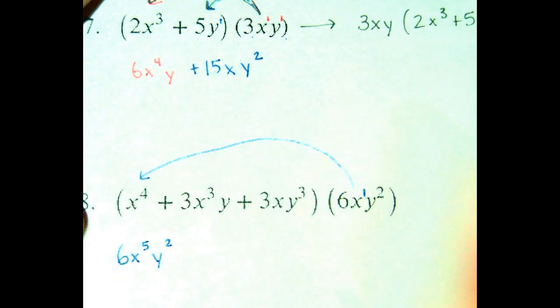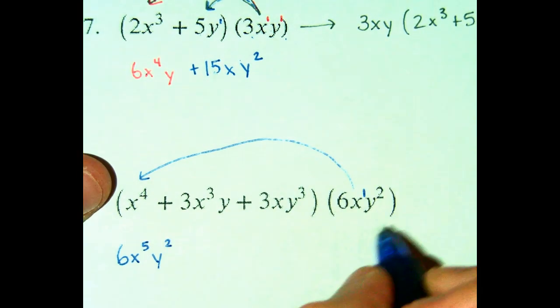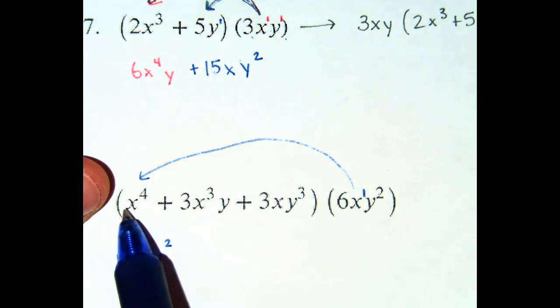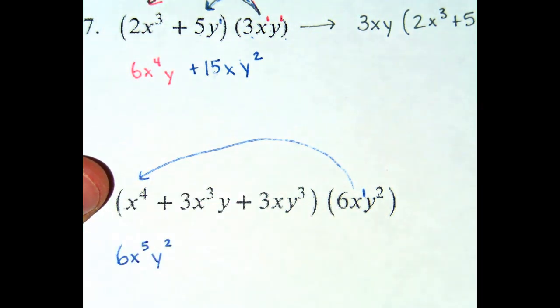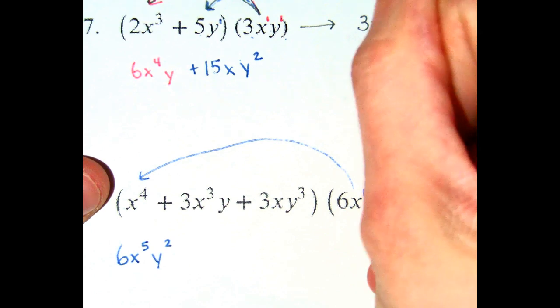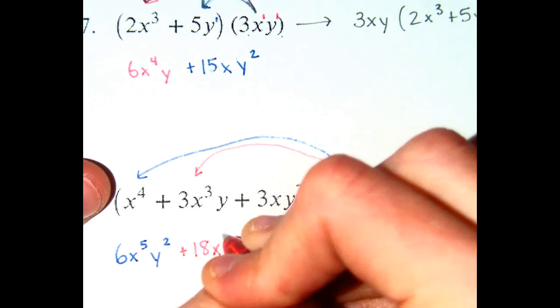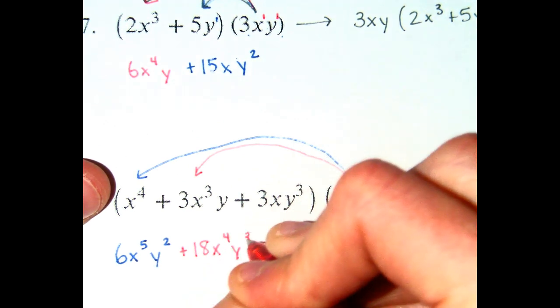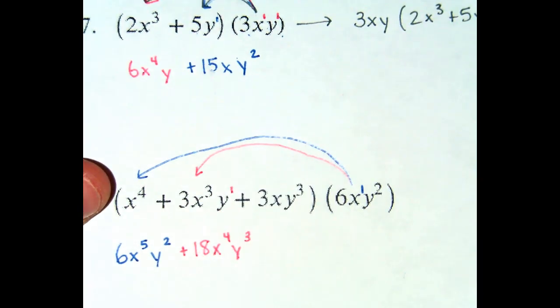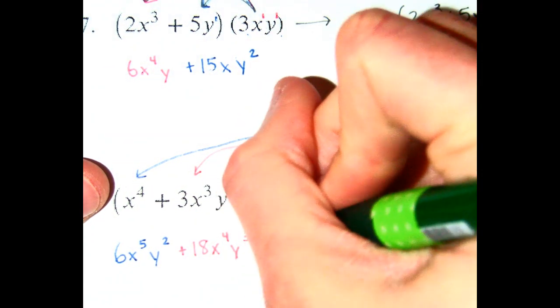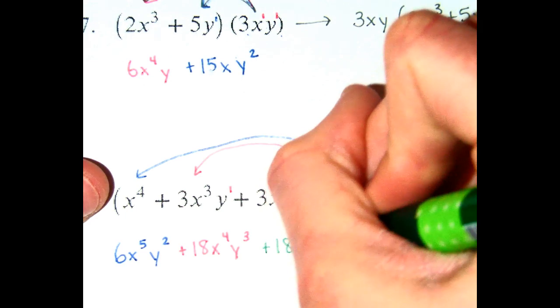Y to the second. Wait 1 second. If you're confused, what number is right here? A 1, okay. It's kind of like that understood when you put there. Alright, you guys told me what came next. Y to the third, because it's got a 1 here. 18x to the second, y to the fifth.